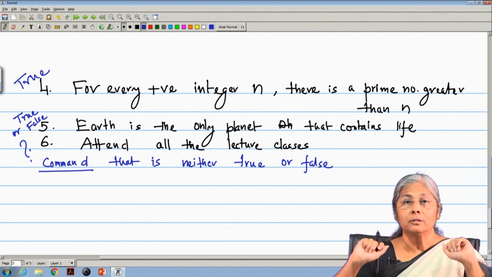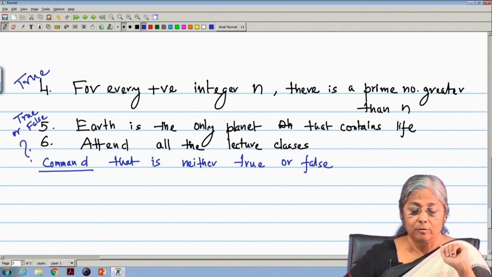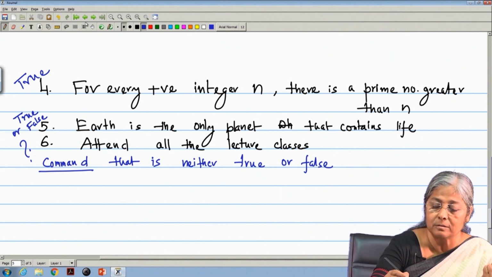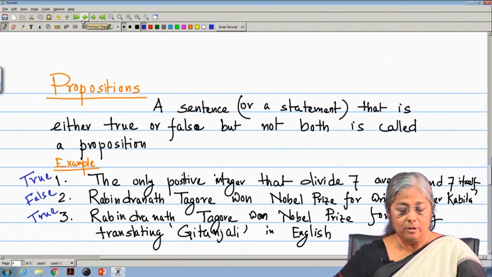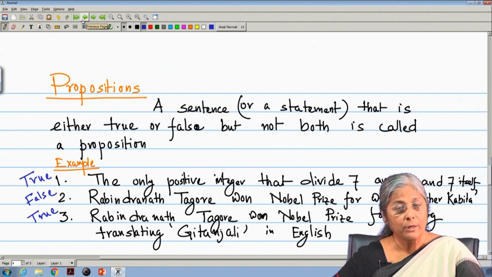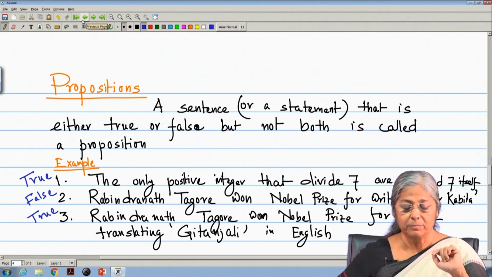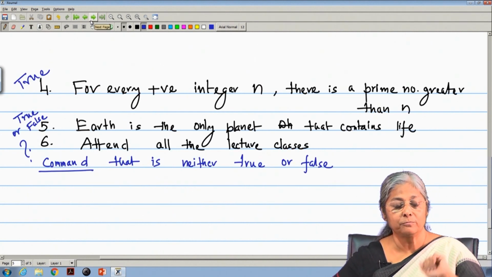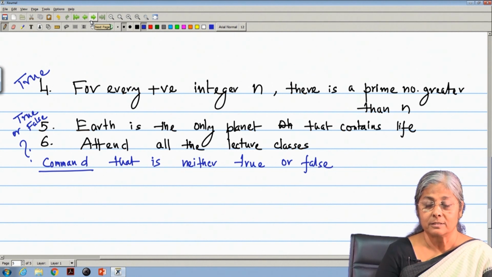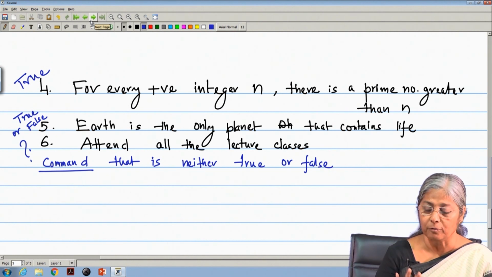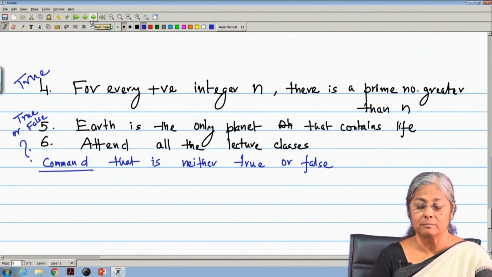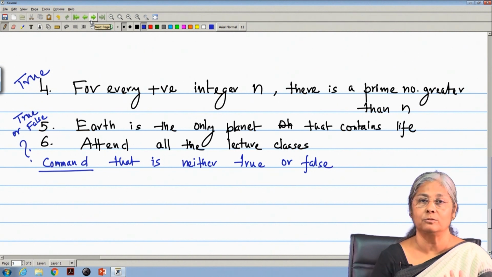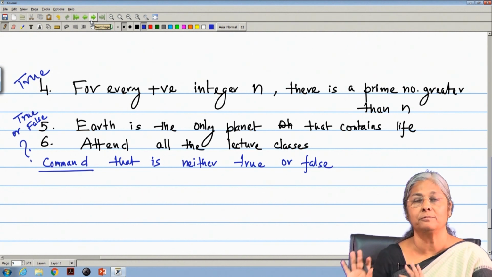So, what I got previously: statement 1 true, statement 3 true, statement 2 false, statement 4 true, statement 5 true or false, and statement 6 I cannot tell true or false. It is actually a different type of thing.